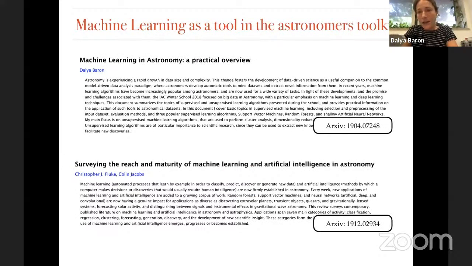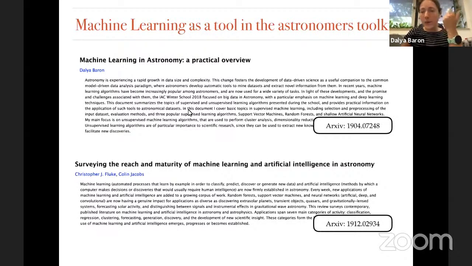And as I said, this field is huge. It's exploding, and there are so many algorithms and so many applications and many new publications every day. So I will not be able to cover even a tiny fraction of what is done in the field. But rather, I'm listing here two overviews, which I think could be relevant to people who are interested in machine learning in astronomy.